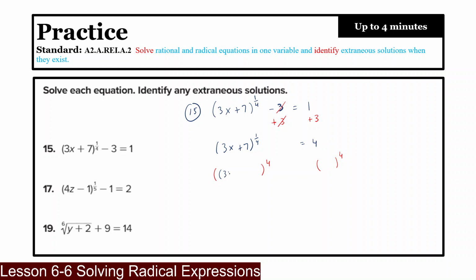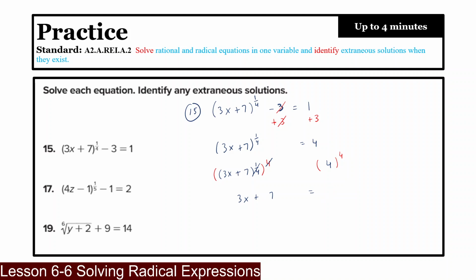So (3x + 7) raised to 1/4, and on this side we have 4. Notice that I put a second pair of parentheses to show that everything here is being raised. This way I can cancel my radical, and then I'm left with 3x + 7 equals 4 raised to 4.